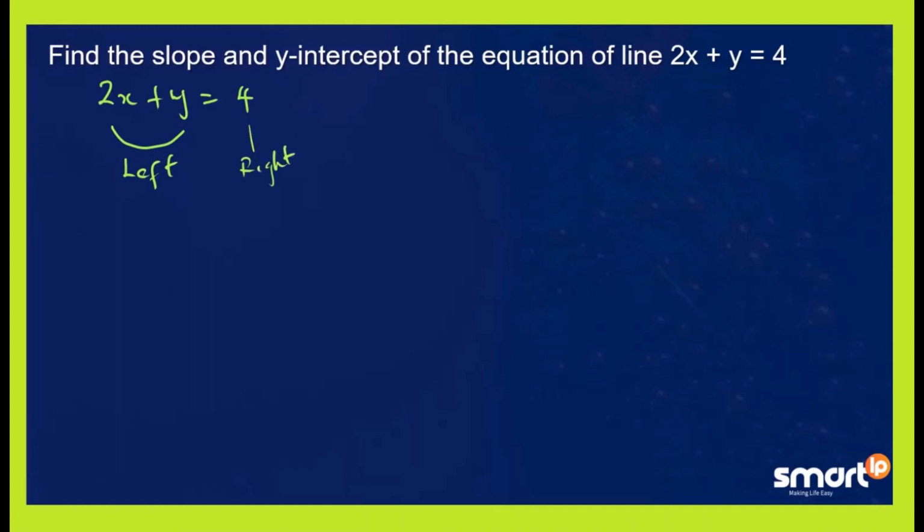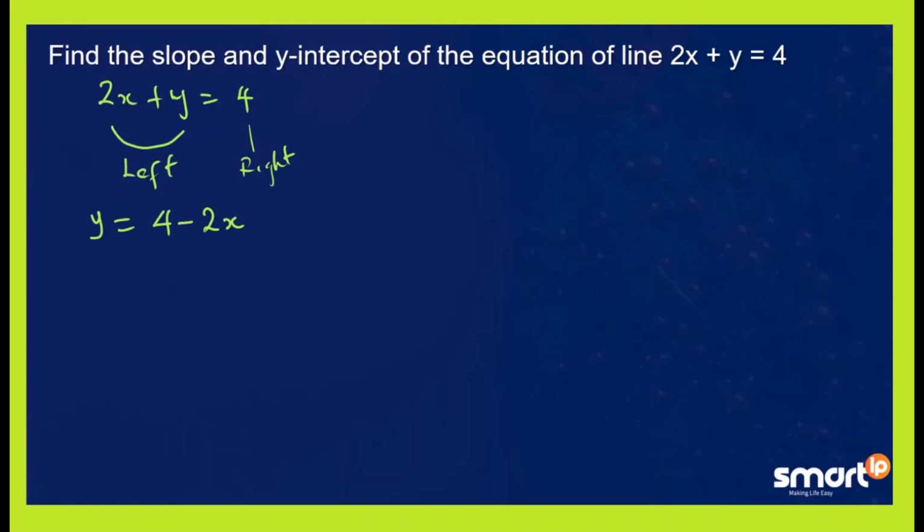So if we want to make y the subject of the formula, we have to remove the 2x from the left hand side and move it to the right, so that we have only y left on the left hand side. So we will have y equals 4. If positive 2x, which is on the left, moves to the right hand side, it will have a negative sign now. So that will be 4 minus 2x.